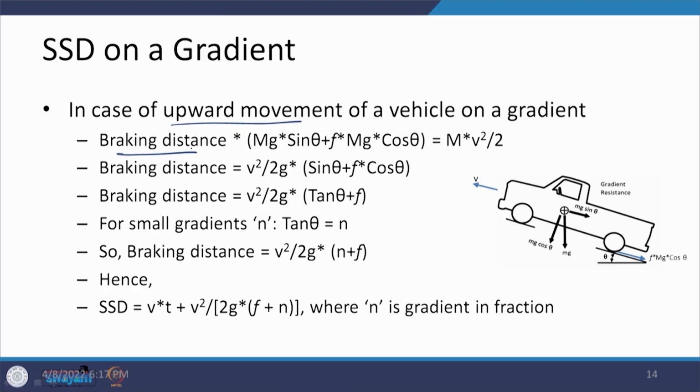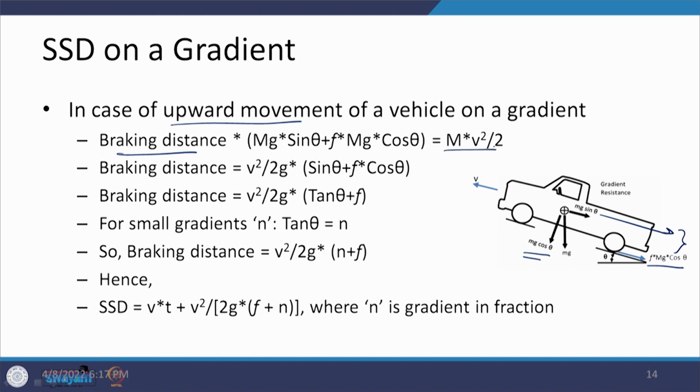But here we are talking about the braking distance. The force mg sin theta is working in the backward direction, and the force normal to the surface culminates into the frictional force f mg cos theta. So, you have two forces acting backwards, and the motion of the vehicle is in the forward direction.